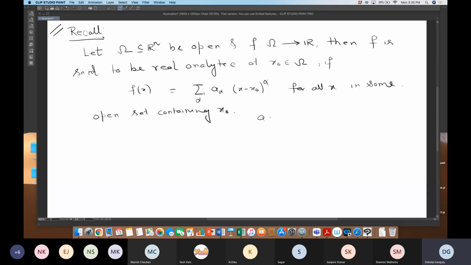And in that case we know a_alpha is given by D^alpha f(x naught) divided by alpha factorial.